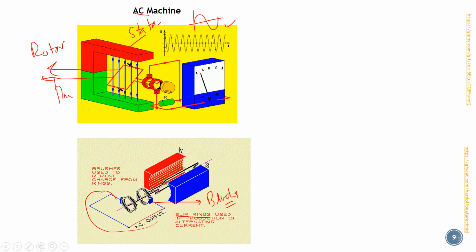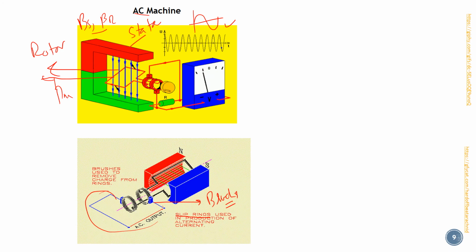We also learned that in the AC machines we have two kinds of magnetic fields: the stator magnetic field and the rotor magnetic field, and both are rotating.